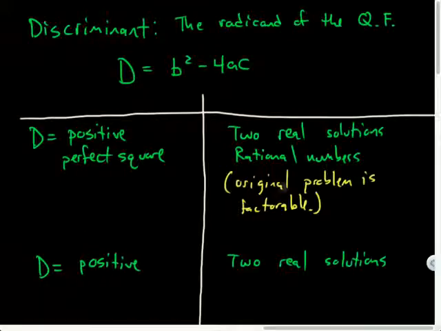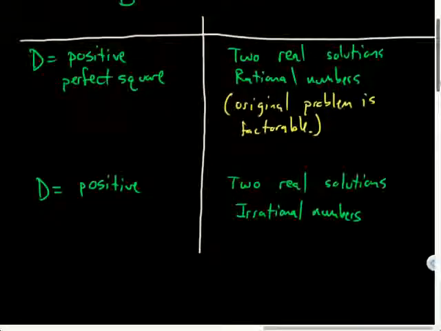Those would be irrational numbers, where they still would have had some sort of square root in them because they weren't perfect squares. And if they're irrational numbers, that means their decimals are infinitely long, non-repeating. And that would also tell me that it's not factorable originally, but I won't specify that.